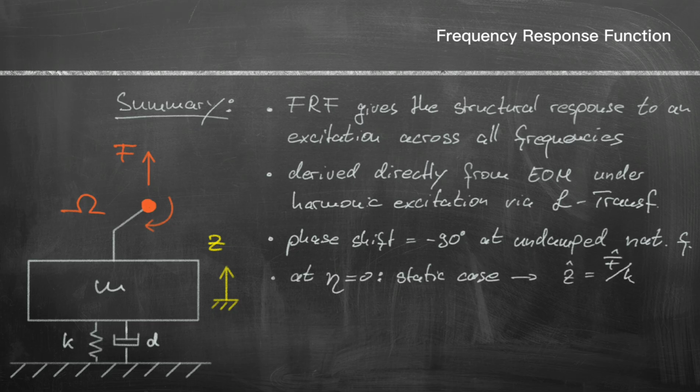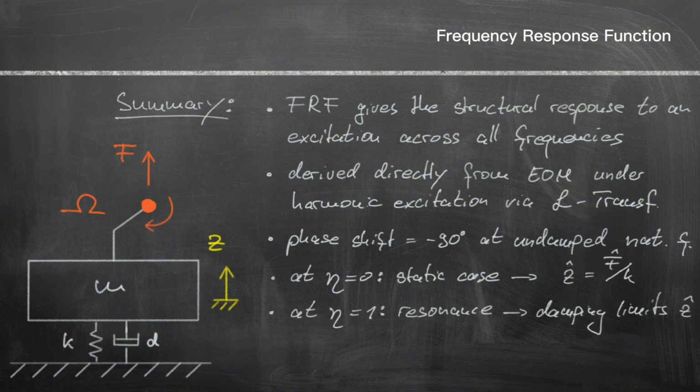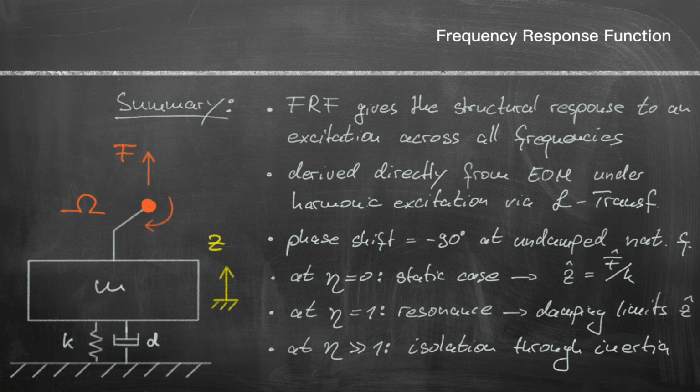At eta equal to 0, we are in a static case, and the amplitude of the response, z hat, is equal to F hat divided by k. At eta equal to 1, we are in resonance, and only the damping limits the amplitude of the response. At eta very large, isolation through the inertia occurs.